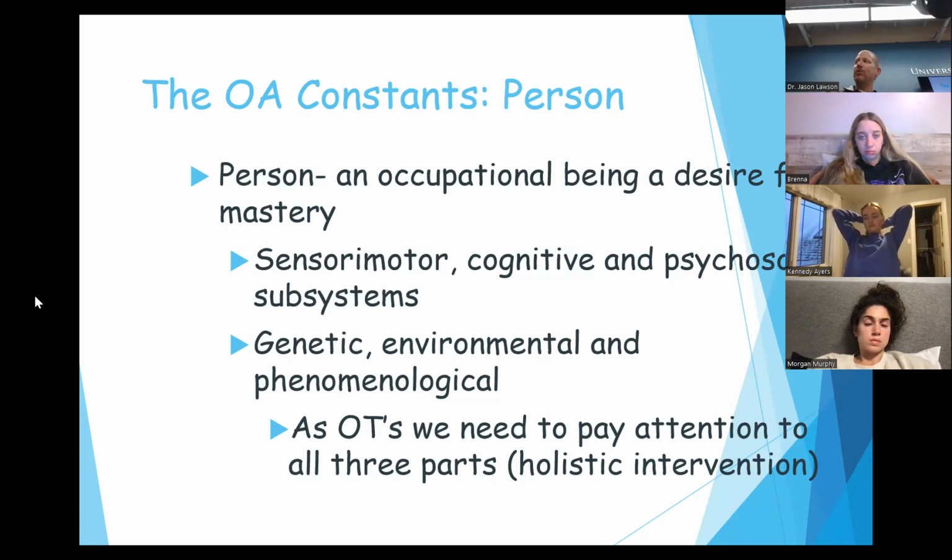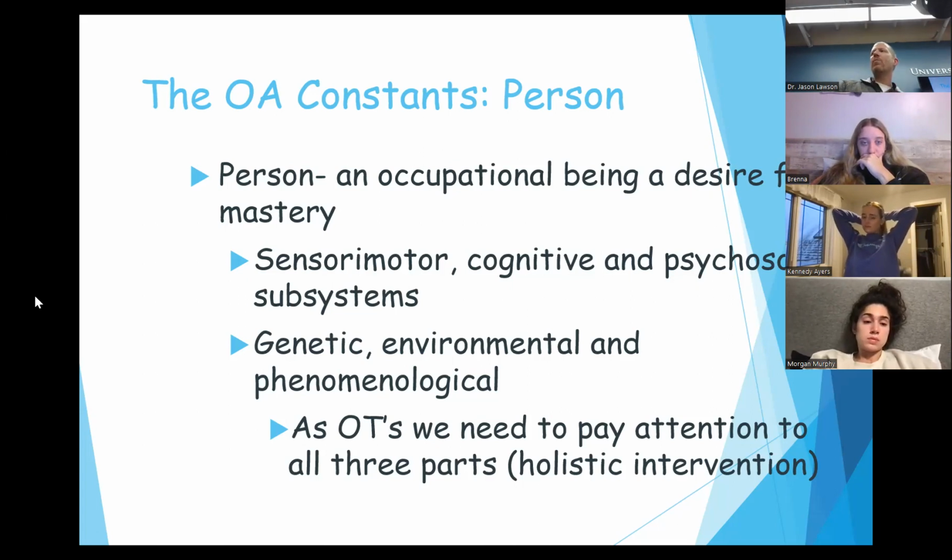We have cognitive, so our ability to learn, and we also have those psychosocial skills. So how do we interact with others? The person can have influences from genetics. Okay, so are you genetically predisposed to certain things? The environment, as well as phenomenological.